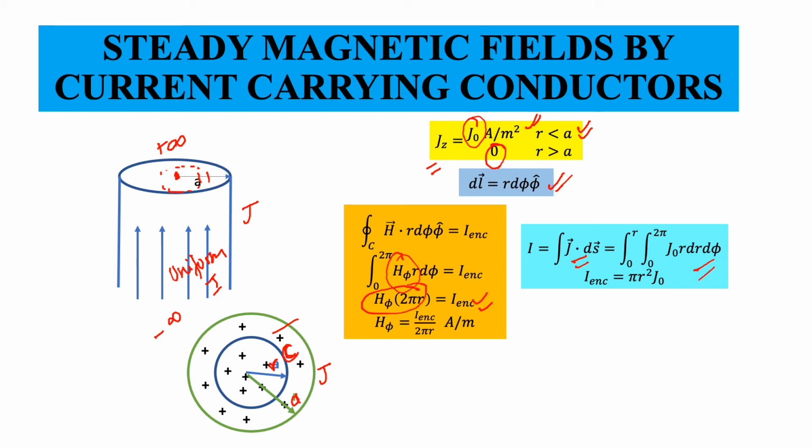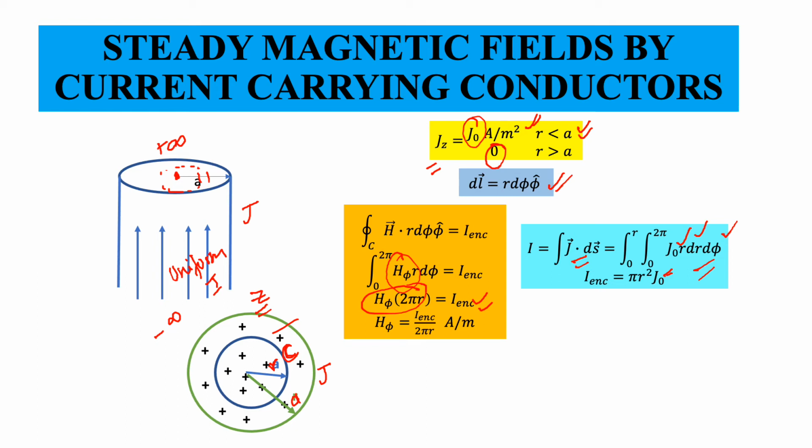Now for this surface, what would happen to current density J, and what is the total current enclosed? It is given by J naught, but the surface area for this, remember this contour is at constant z, so the surface area in cylindrical coordinates must be along z itself. The surface area element is given by r dr d phi, pointing in the z direction.